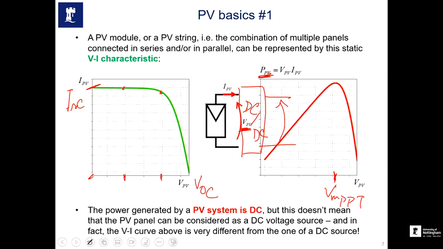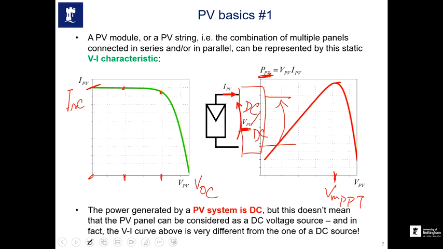Sometimes this converter is also called a maximum power point tracker, MPPT. The whole purpose of this DC-DC is to generate a fixed output voltage and also to make sure the terminal voltage across the PV matches this maximum power point.